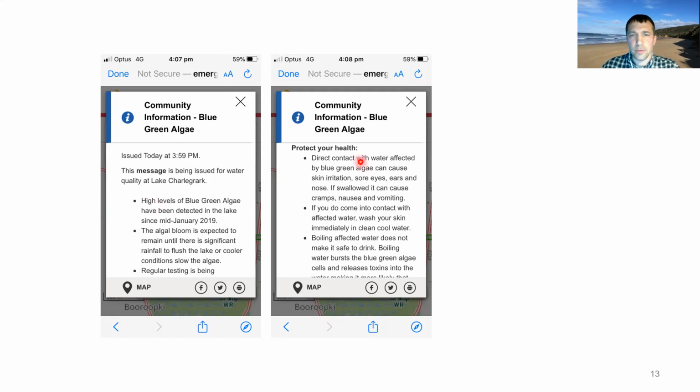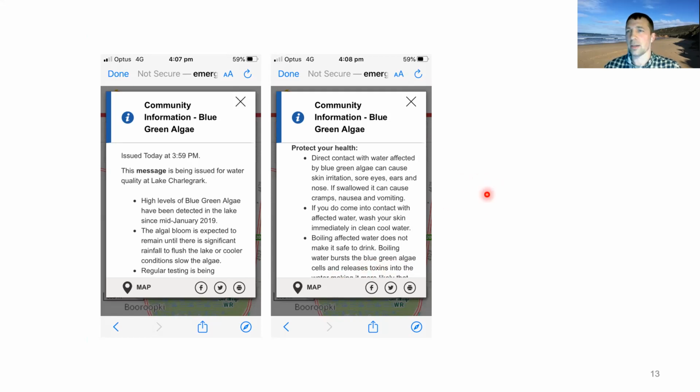And if you read the text here, it sounds quite terrifying. I mean, direct contact with water can cause irritation, sore eyes, if swallowed, nausea, vomiting. It doesn't sound good. If you come into contact, wash your skin. Boiling affected water does not make it safe to drink. The water bursts blue-green algae cells and releases toxins.